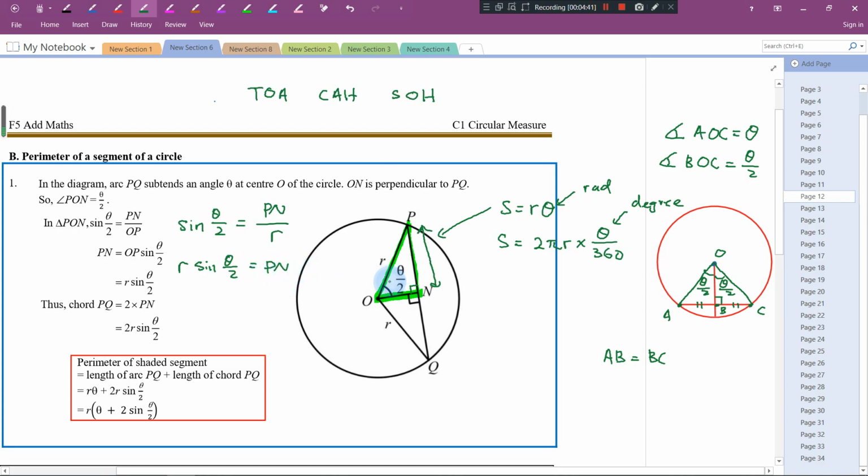But now I'm not looking for PN, I want PQ, right? As I told you just now, PQ is 2 times PN. I just take this one times 2: 2r sine theta over 2. So this is the formula that we can use to help us get the chord length.